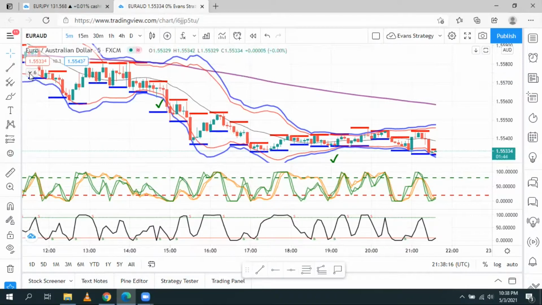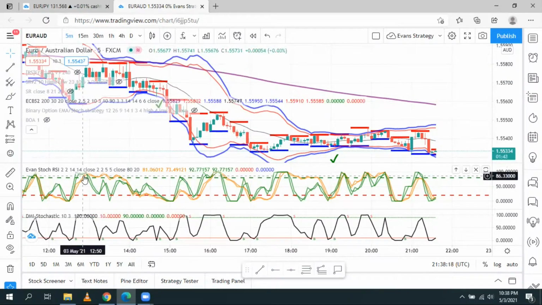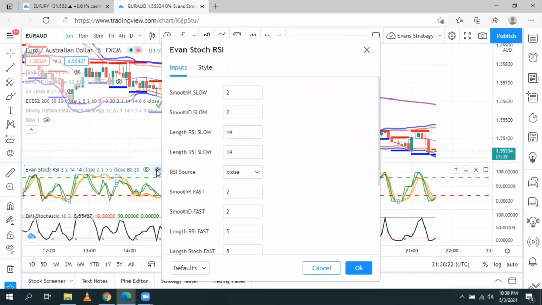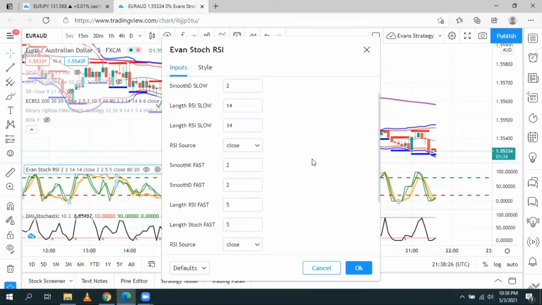So now, the 2 settings are there already, right? We have the fast one and we have the slow one, which is what we need. If you are going to do the 2 normally, you set one to be a fast stoch RSI, then you set the other to be a slow stoch RSI.